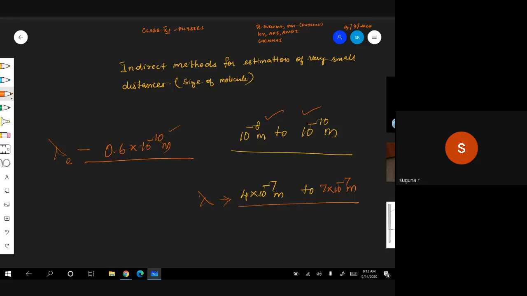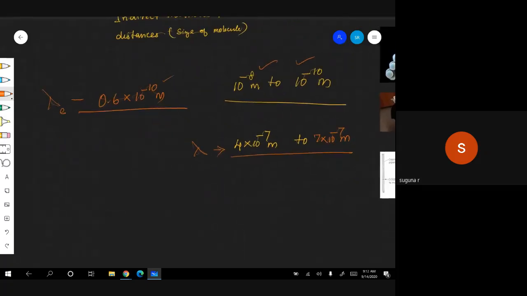Therefore, the wavelength of a moving electron is of the order of 0.6 into 10 power minus 10 meter, so it can be used to find out the molecular size using an electron microscope. There are also scanning tunneling microscopes. These are meant for viewing because the resolution is very high, so you can view the molecule nicely and even find out its size to a certain extent.